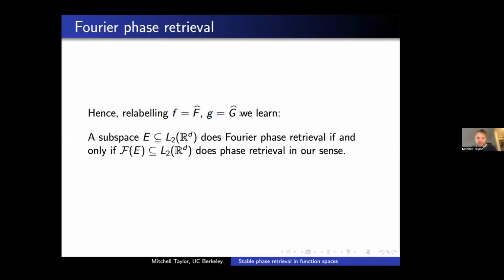What I learned from this little exercise is that a subspace E of L2 does Fourier phase retrieval, meaning that you can recover the function from the magnitude of its Fourier transform, if and only if the Fourier transform of that subspace, viewed in L2 in frequency space, does phase retrieval in the sense of the first slide.